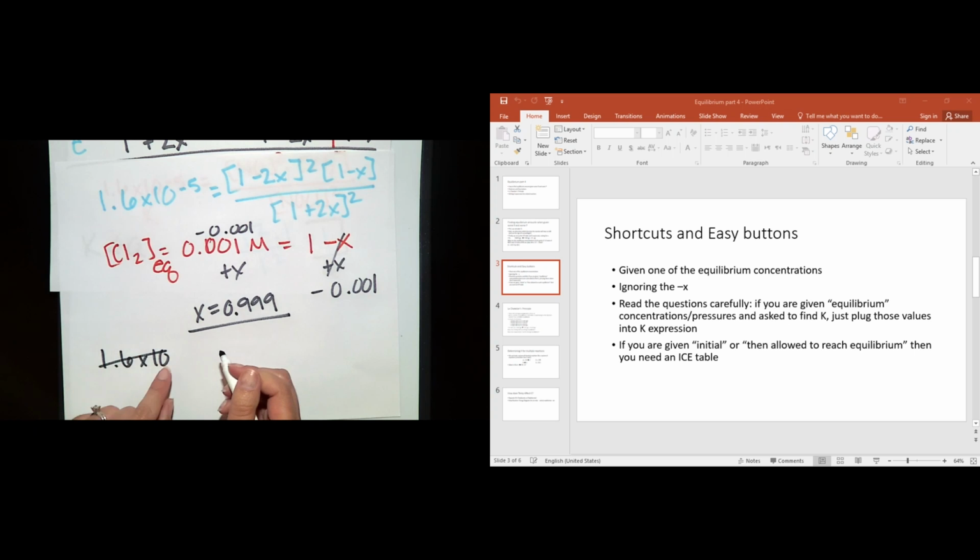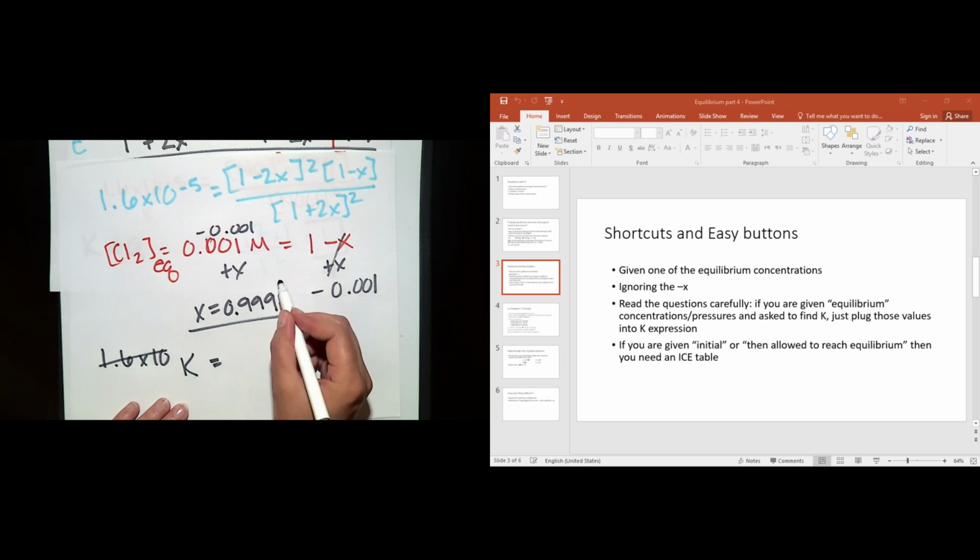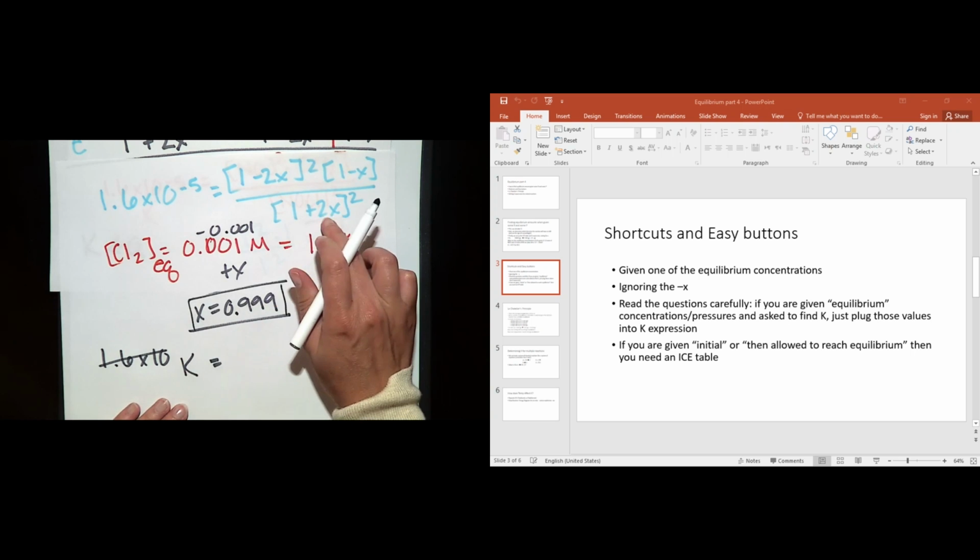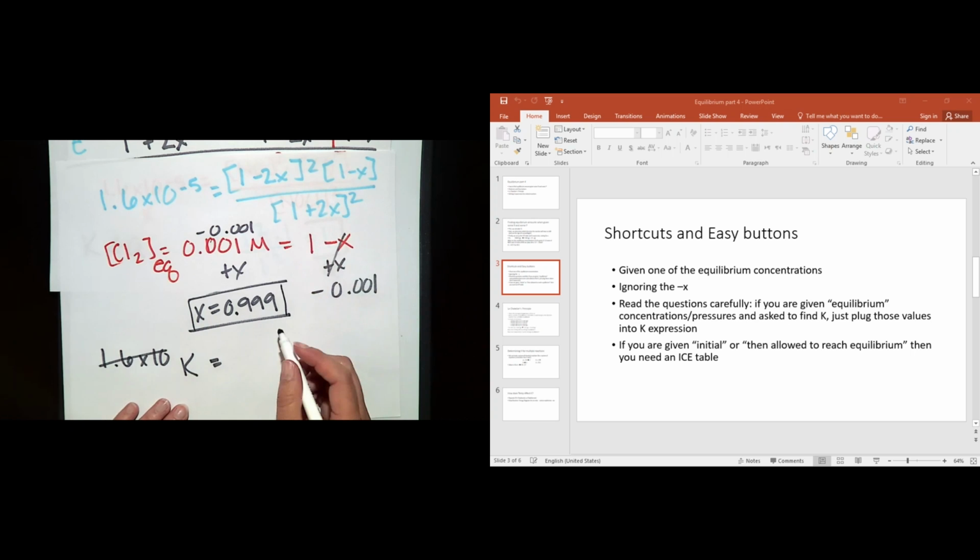Actually, a lot of times we're not even given a number. We're asked to solve for K. So in this case, we would say, now that I know what x is, I can put that value everywhere I see x. So I can say 1 minus 2 times 0.999, entire quantity squared.